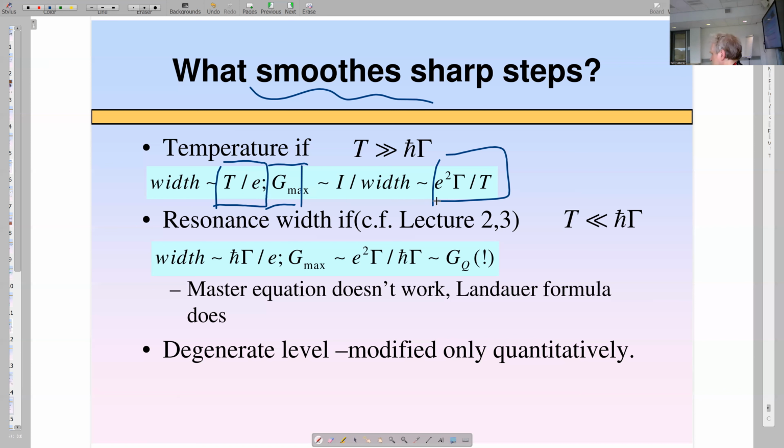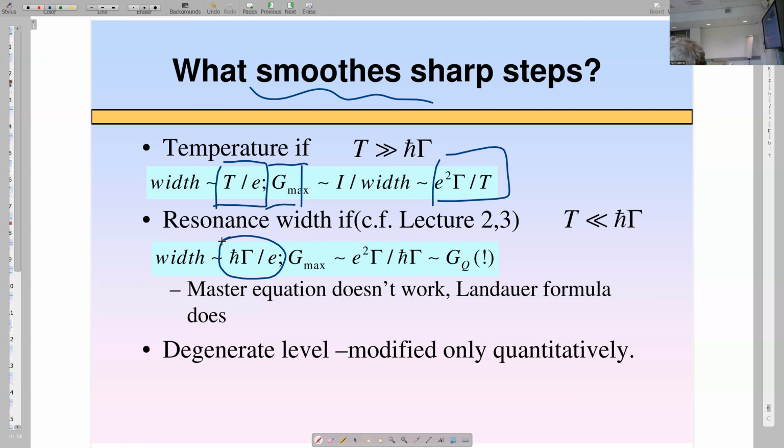But suppose temperature is 0. Would it imply that the step is sharp? No, it does not, because, as we just discussed, there is some intrinsic level width given by the rate.